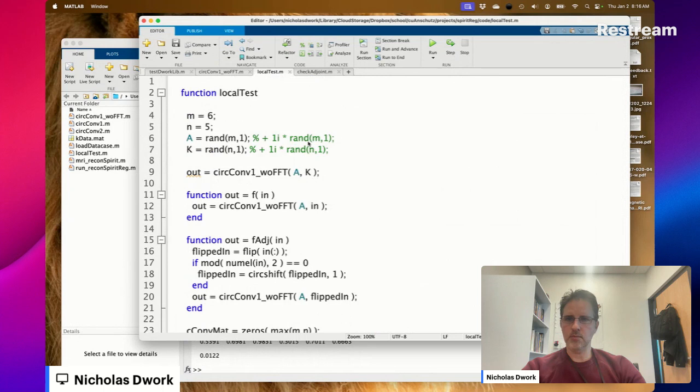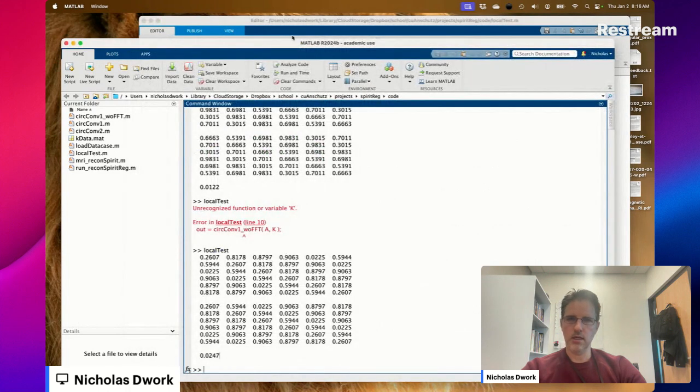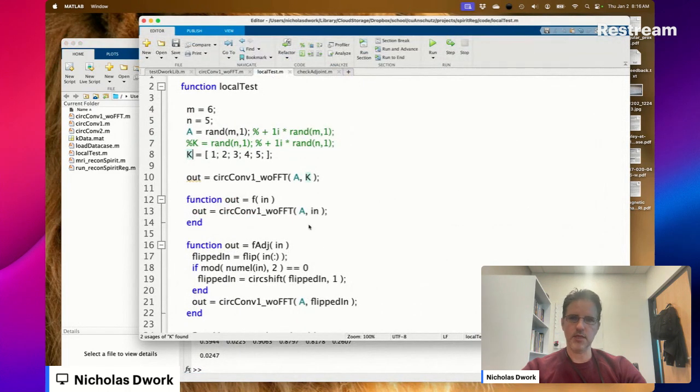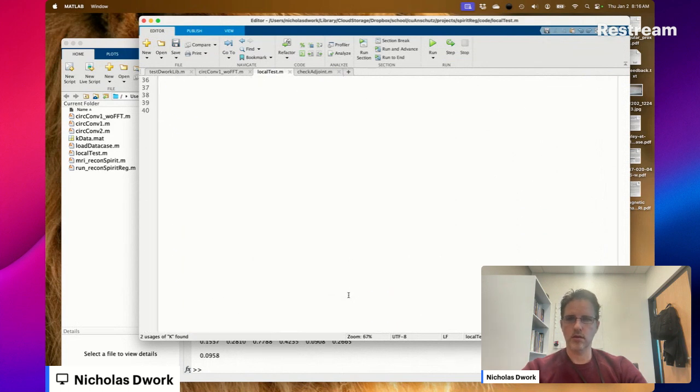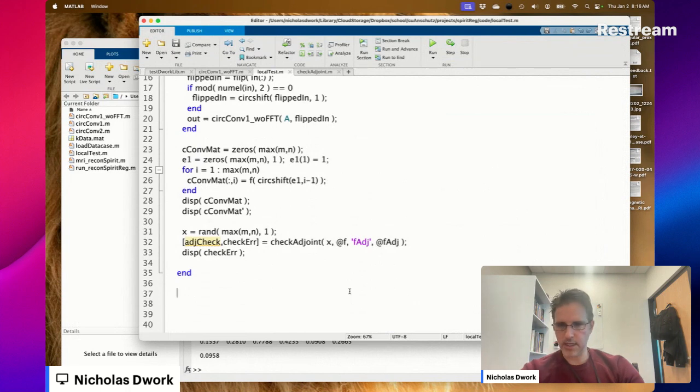Why am I doing this? Let's make K something we can see easily. That doesn't make sense. Of course it does. There we go, changing the font again for no reason that I wanted it to.